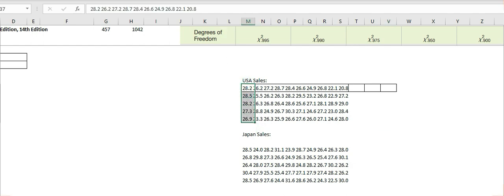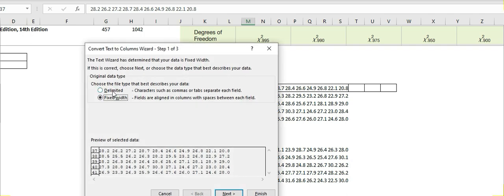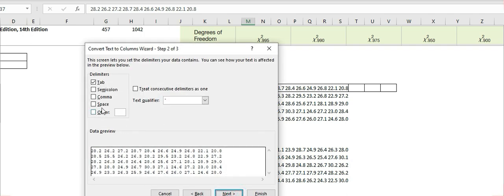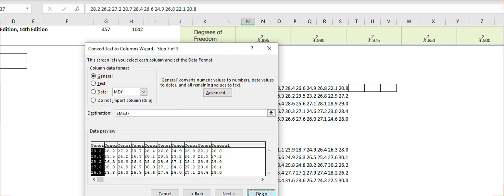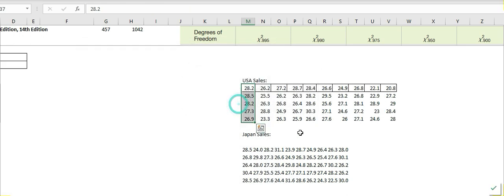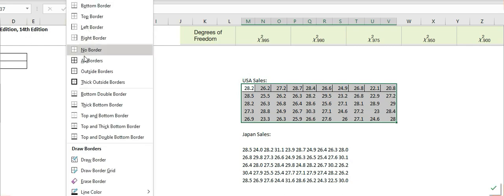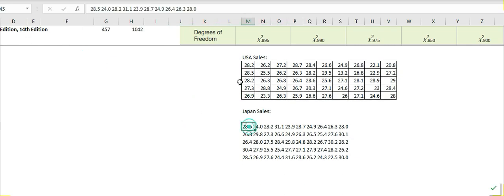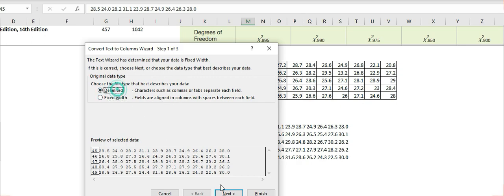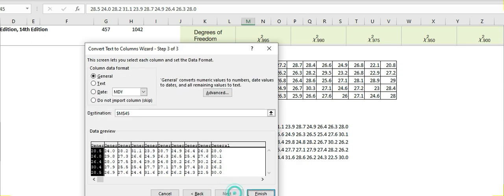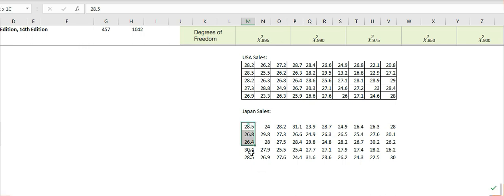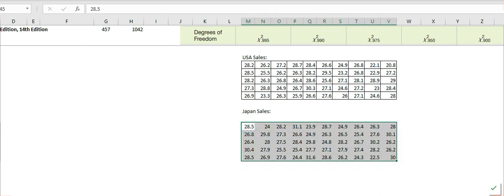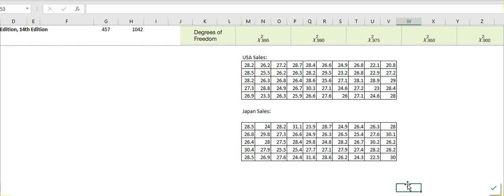Delimited, space, and then this one also, delimited, space, finish. Okay. Now we have the data.